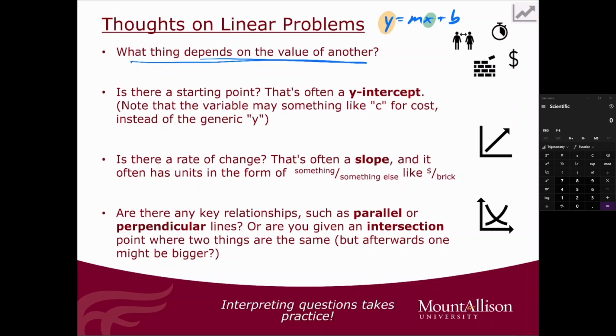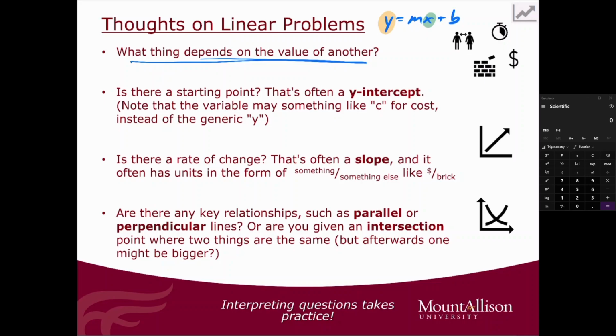So is there a starting point, which means the y-intercept, when your independent variable is 0? So at the start of the race, that would be t is equal to 0. Or before you sell anything in that other example, that would be your starting amount of money, say. So that's usually a y-intercept if you're using the starting point.